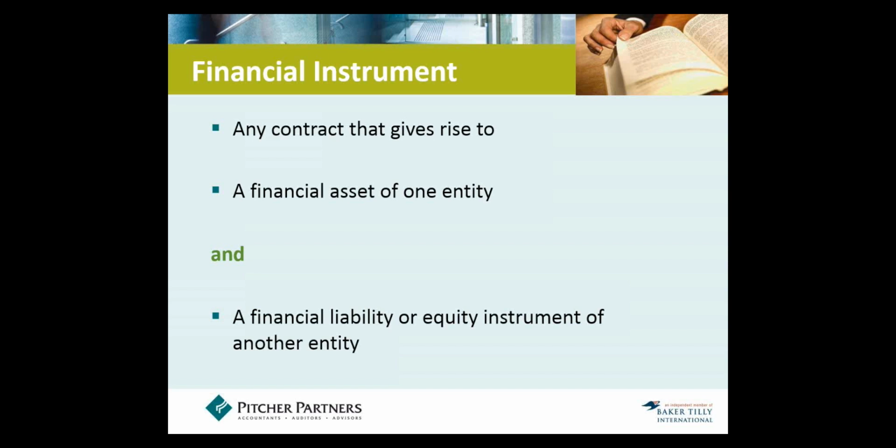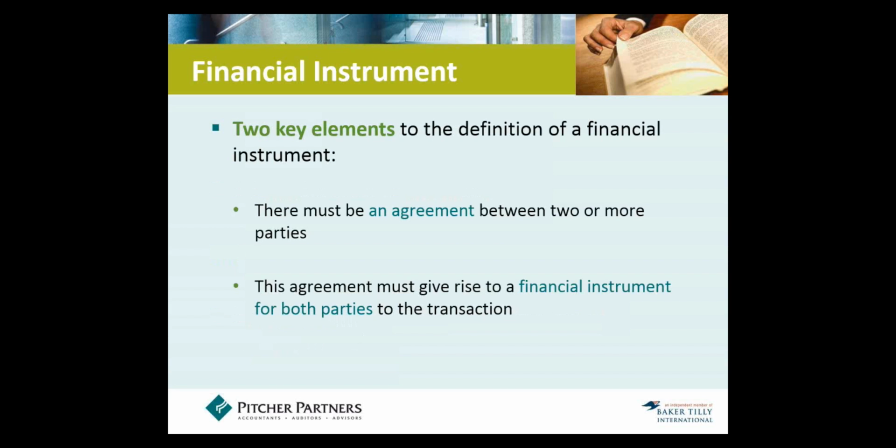Now let's start with the definition of a financial instrument. A financial instrument is any contract that gives rise to a financial asset of one entity and a financial liability or an equity instrument of another entity. So if we look at that definition, we would say there are two key elements.